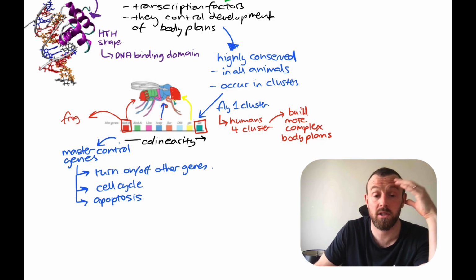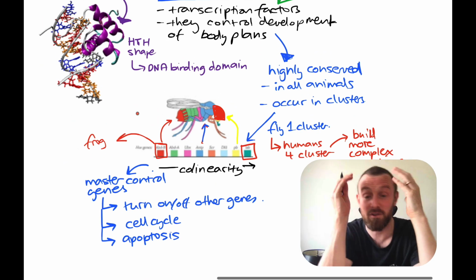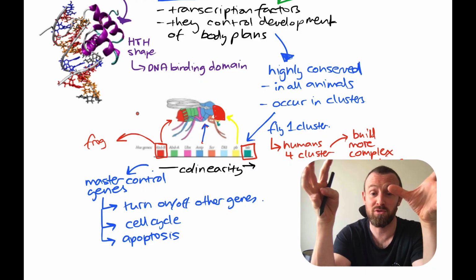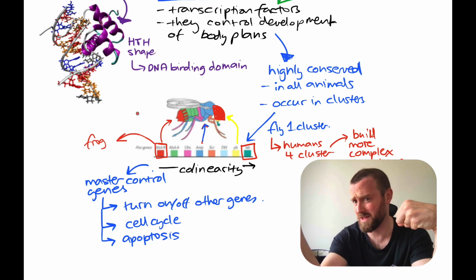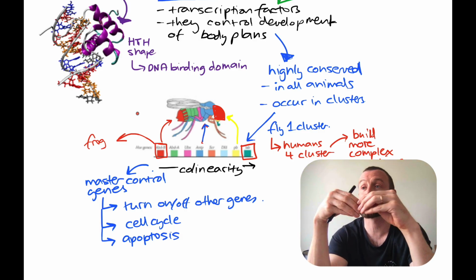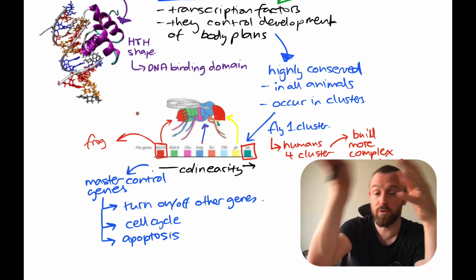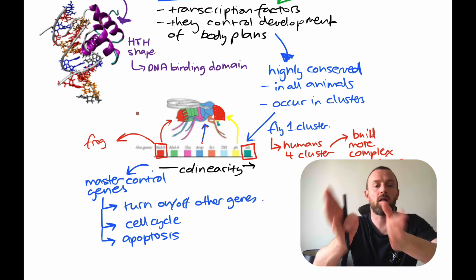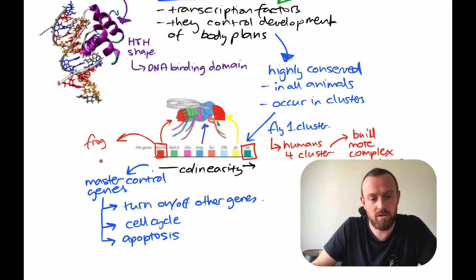I don't know why I picked the example of butts, but it wouldn't be a frog with 1 frog butt and 1 fly butt. It'd be a frog with 2 frog butts, one at the back and one at the front end, because they are control genes. They control the development of body plan. The gene doesn't code for the entire structure of the fly's behind, but it just says, build a behind here, please. So that's another thing to do with conservation.